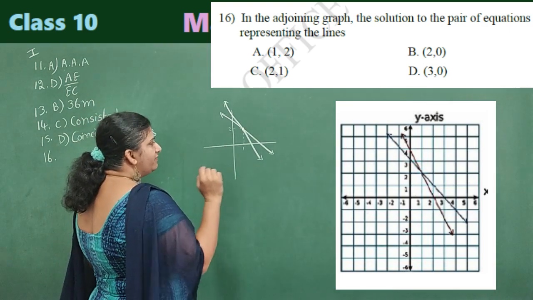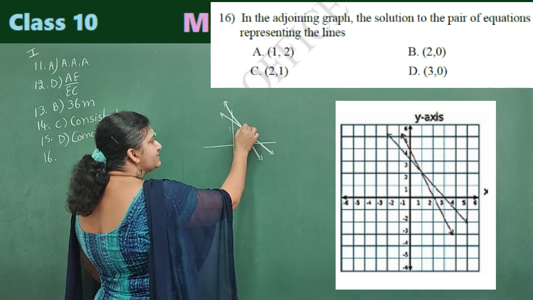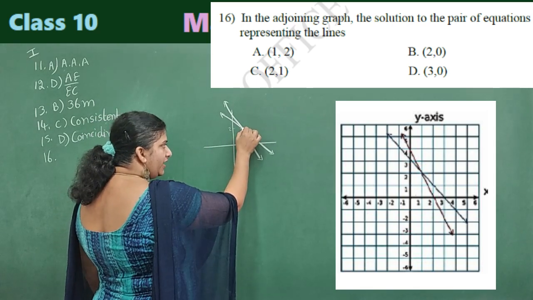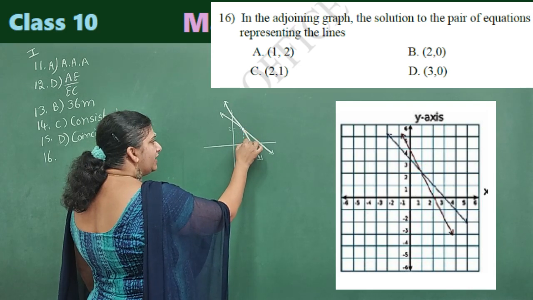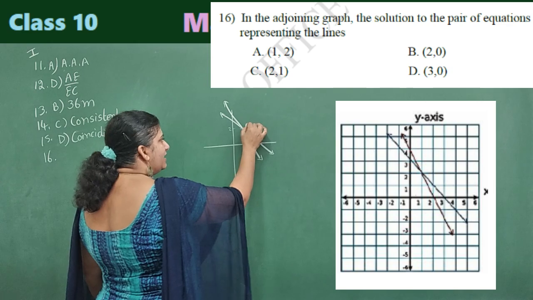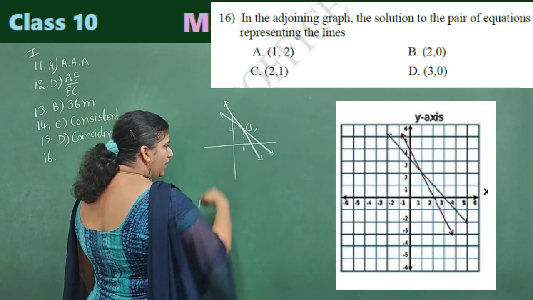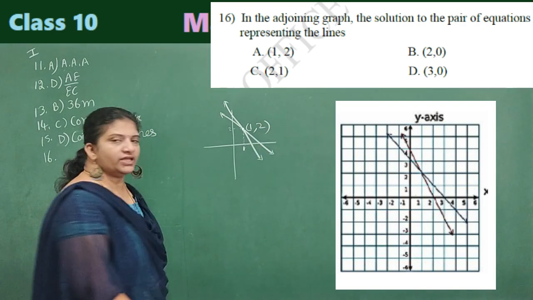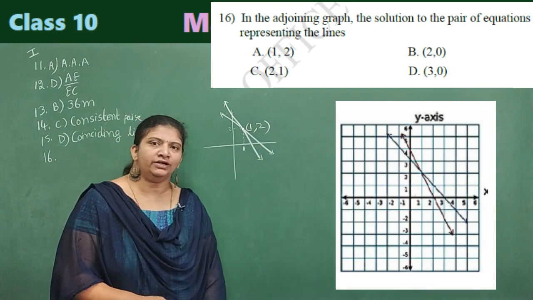How to identify this coordinate? See, draw a perpendicular dotted line. What is the value on x-axis? It is 1, comma, on y-axis 2. Therefore, the solution is 1, 2.